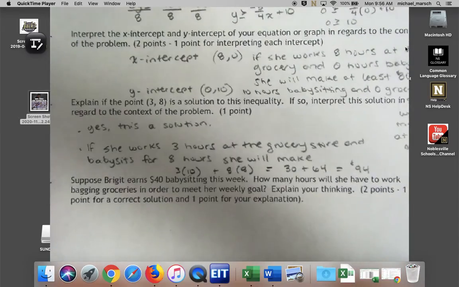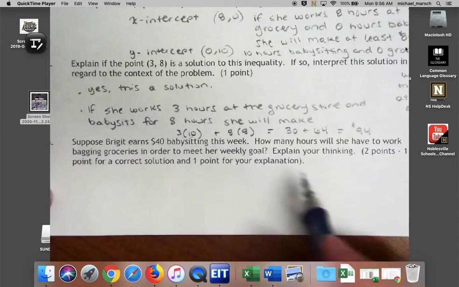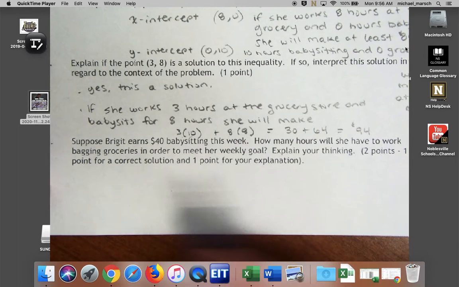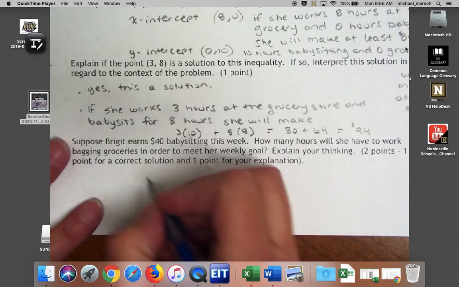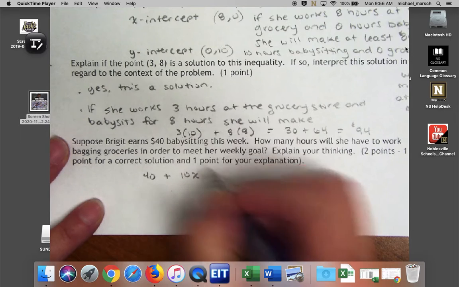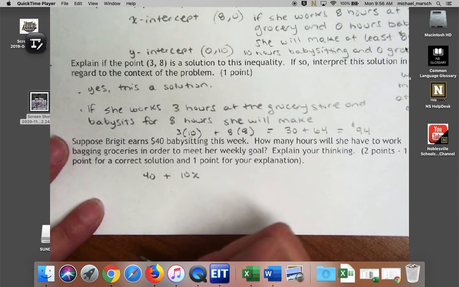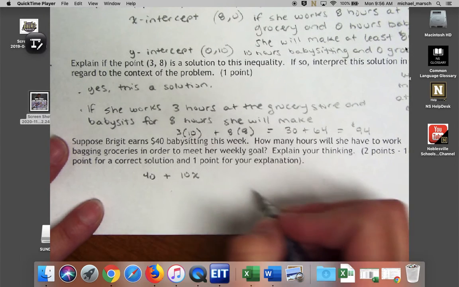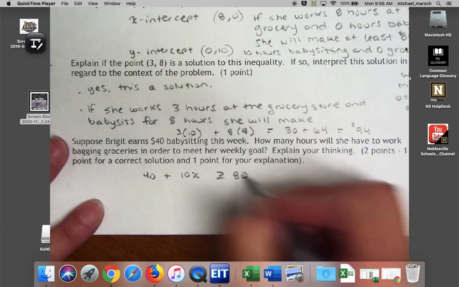Okay, suppose Bridget earns $40 babysitting this week. How many hours will she have to work bagging groceries in order to meet her weekly goal? Okay, so $40 babysitting plus 10x, because that's how much she gets paid to bag the groceries, and we want it to be greater than or equal to 80.